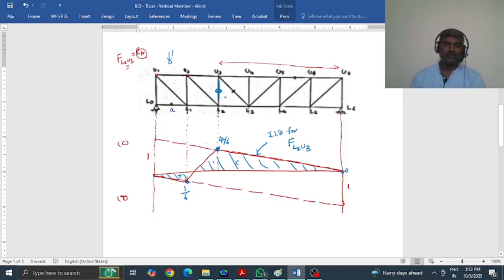So these are the ordinate values that you are able to get for the ILD. This is how you plot the ILD and get a complete understanding of the ILD for one vertical member. Likewise, you can plot for any vertical member here by proceeding with the same procedure, which is given very clearly, right? Thank you.